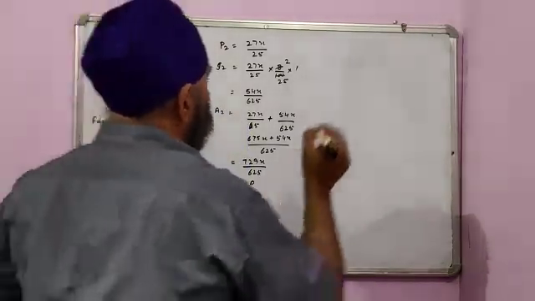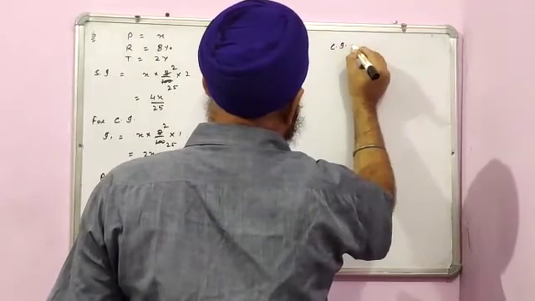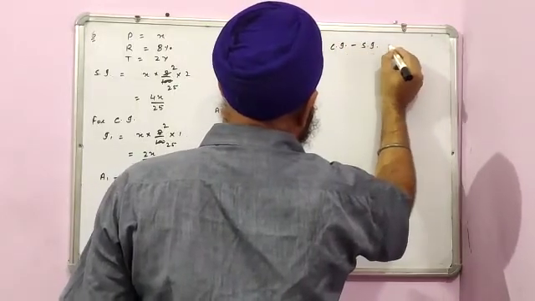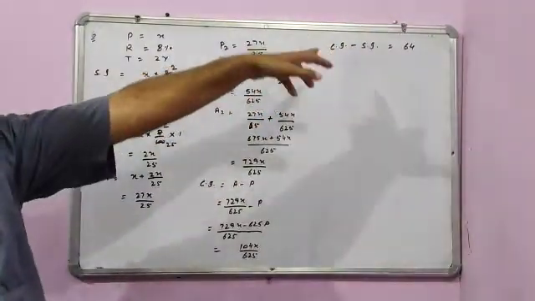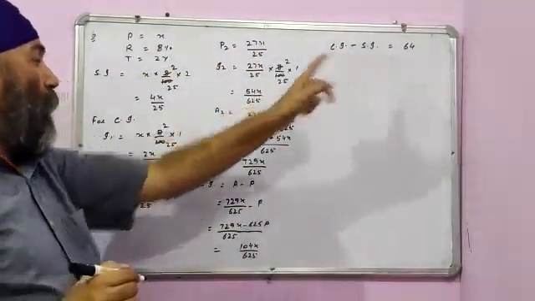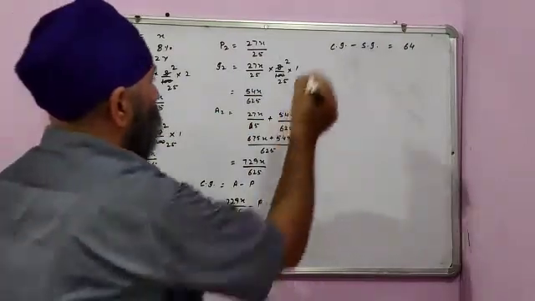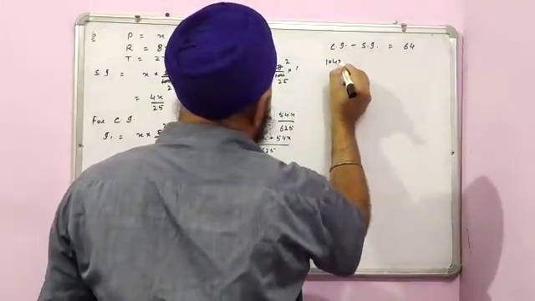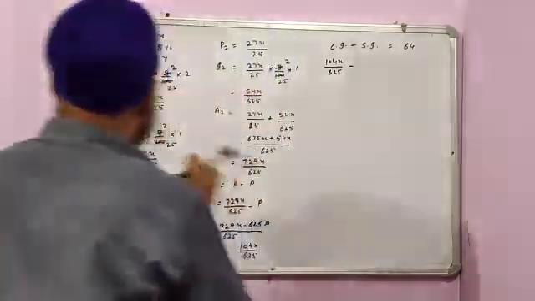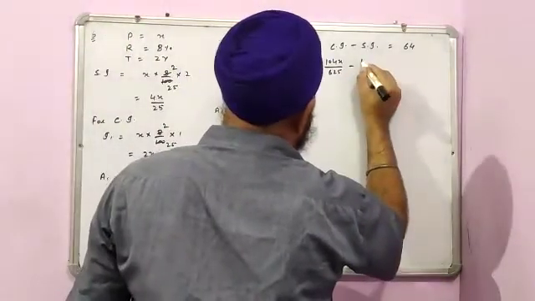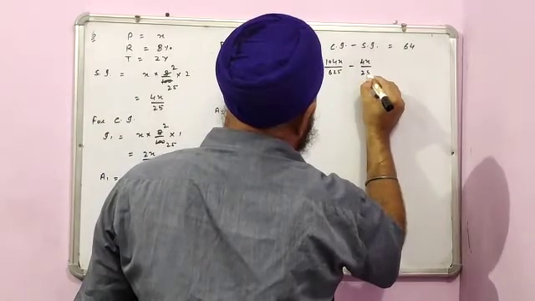Now I am given the difference between compound interest and simple interest as 64. Now what is compound interest? It is 104x upon 625. What is simple interest? Simple interest is 4x upon 25.